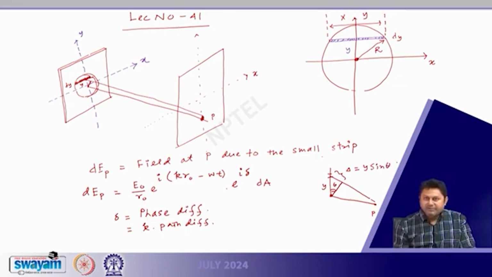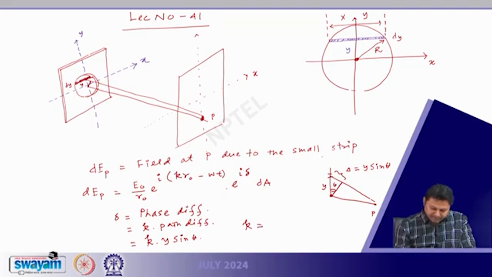So here I write it: delta is k y sin theta. What is k? k is the propagation constant, written as 2 pi divided by the wavelength used in this experiment.